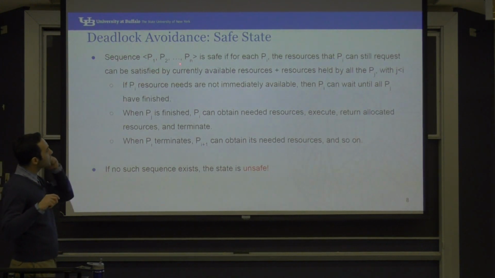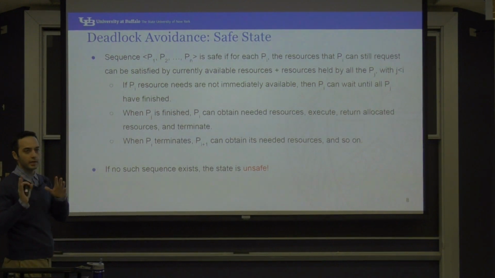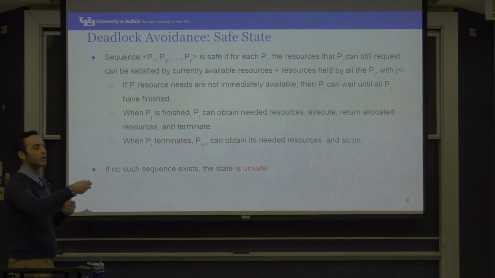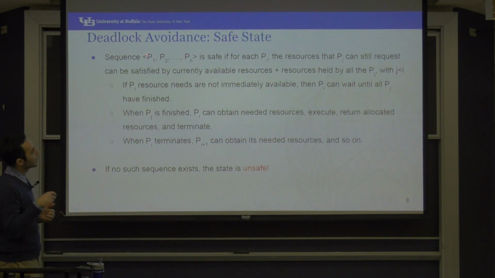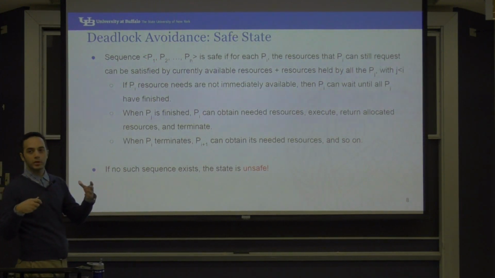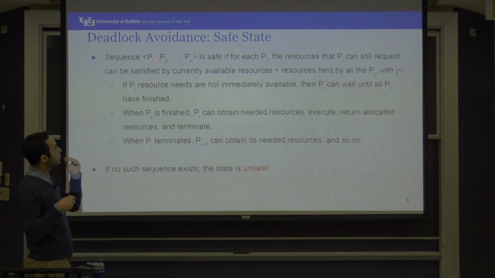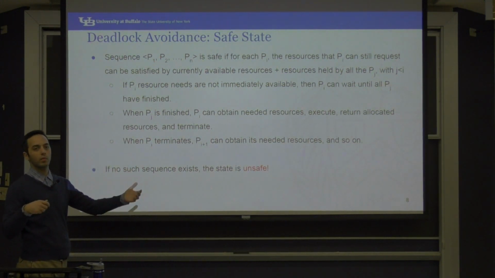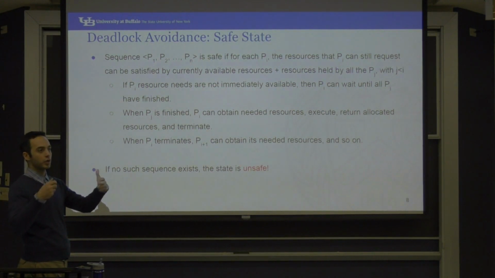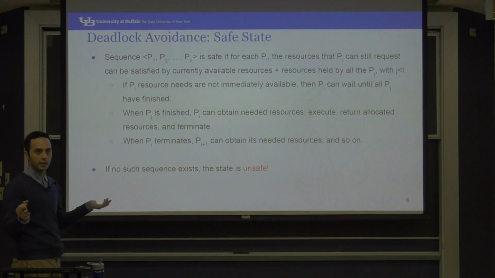This P1 to Pn, they're not necessarily the PIDs, right? They're just like a sequence. So that means, let's say the first, P1, when we have some available resources, P1 should be able to request its maximum resources, and we should have them available. So that's fine.